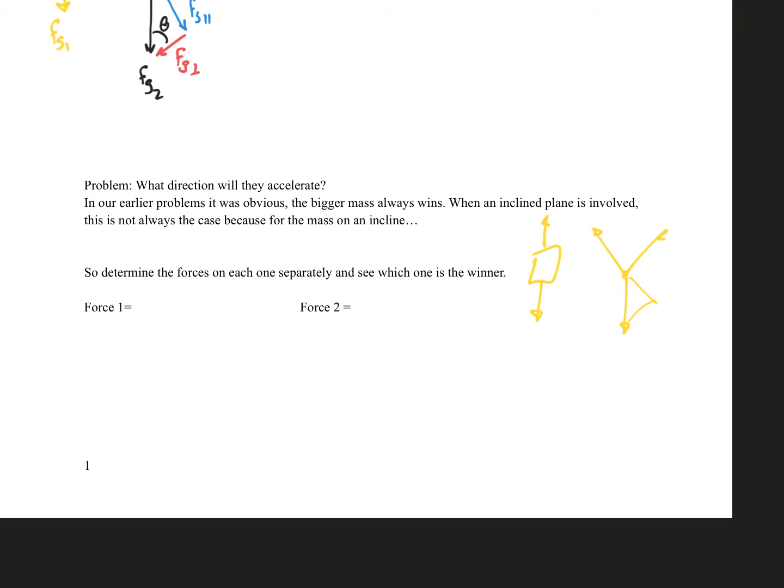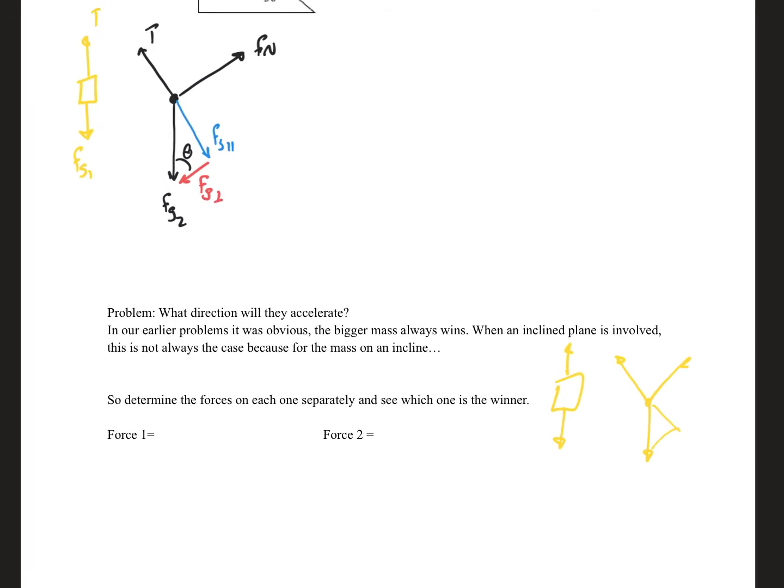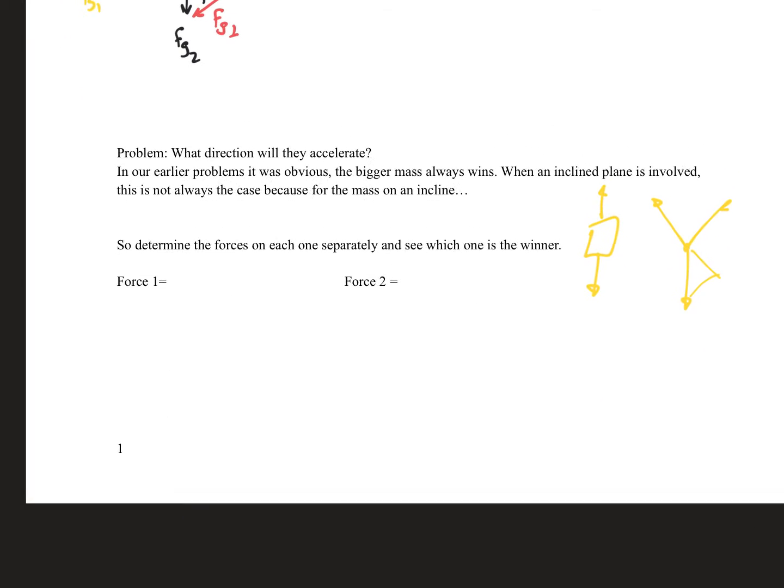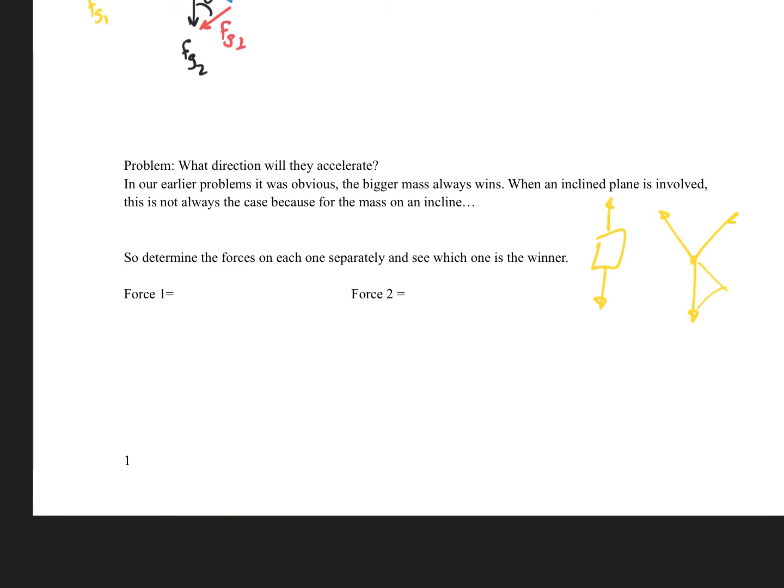For the first block, the force pulling down is FG1, or M1G, which is 4 times 9.8, about 39.2 newtons.